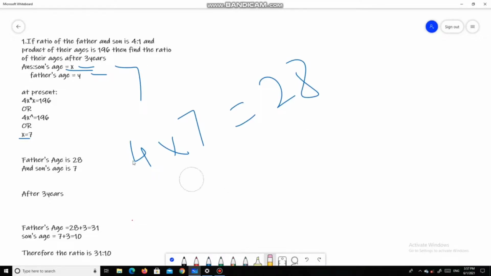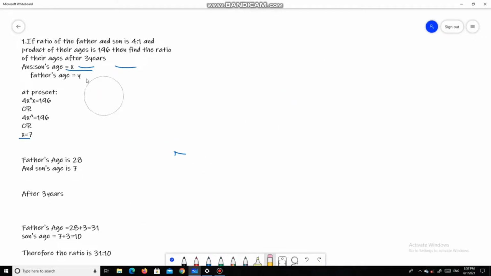Next, as per the question, we have to find the ratio of their ages after 3 years. So after 3 years, we have to add 3 years to the father's age and of course to the son's age too.